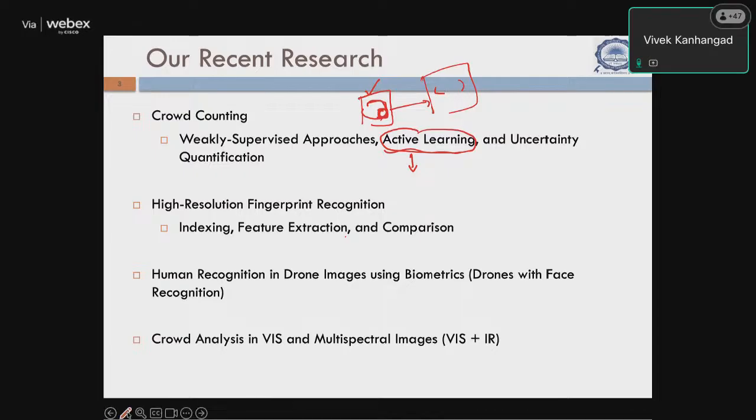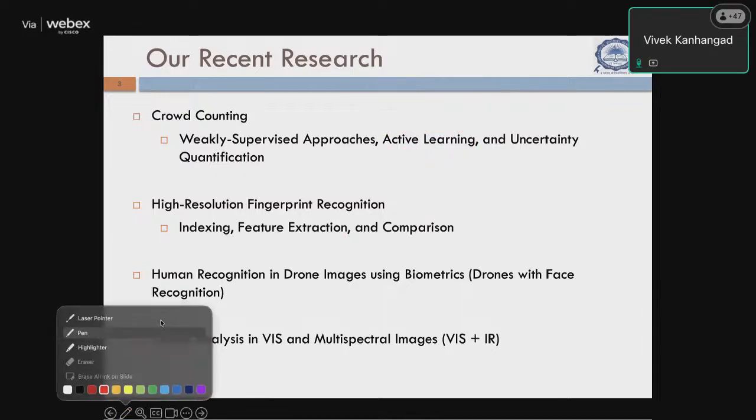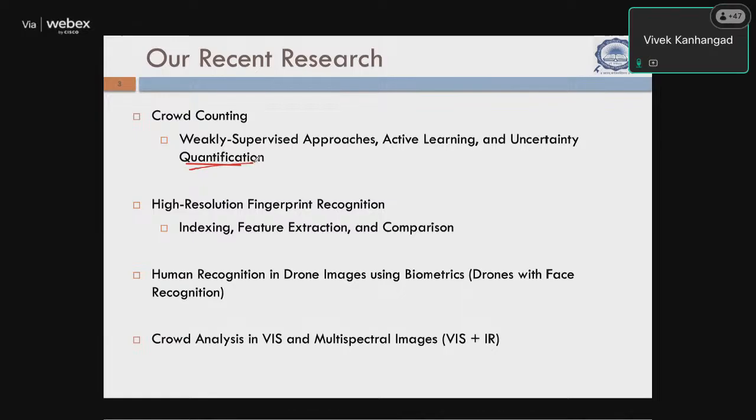Now, uncertainty quantification is another area we're talking about. Often models just give you a prediction. It does not indicate how confident the model is in this prediction. In fact, you may have seen this when you're asked to evaluate something.